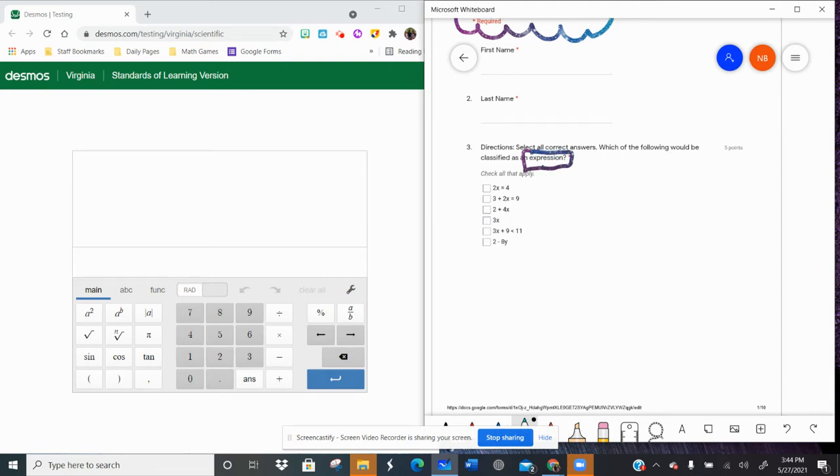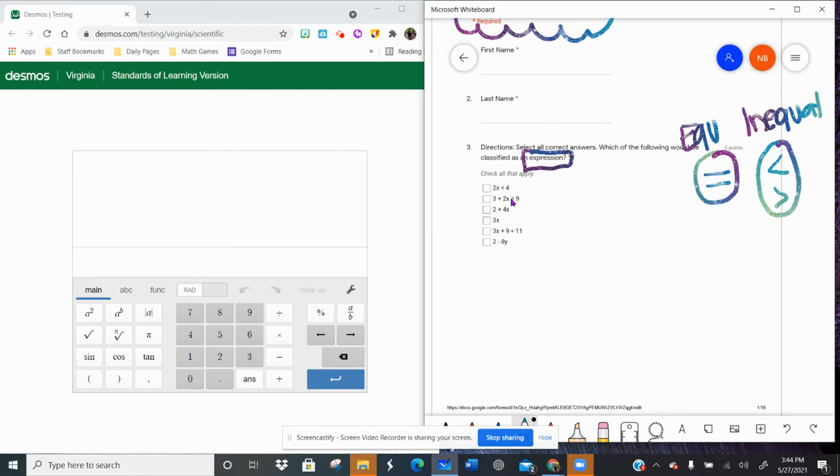Remember, an expression does not have an equal sign and it does not have an inequality sign. Something with an equal sign is called an equation, and with the inequality sign, it's called an inequality. So an expression doesn't have a sign. I'm looking down.